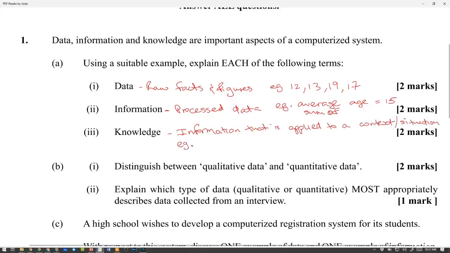Knowledge is information that is applied to a context or situation. Example, the average age of the class is too low to participate in the competition.